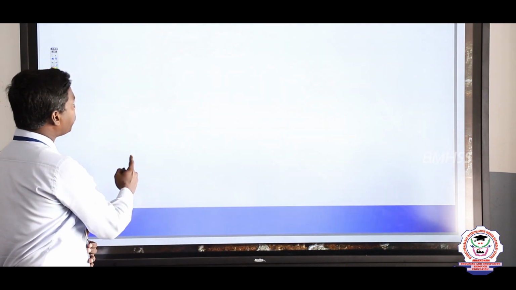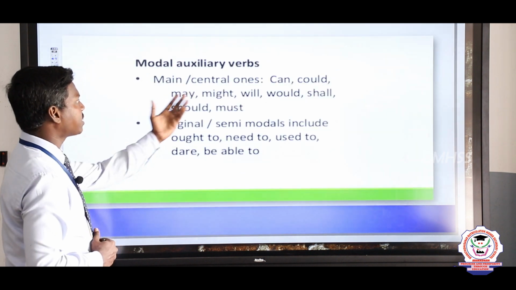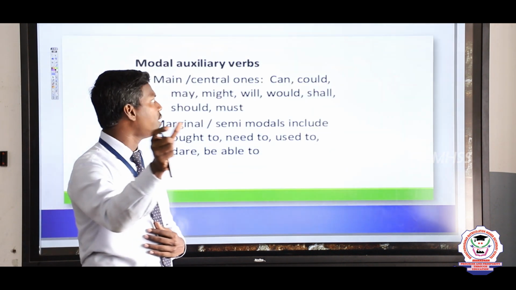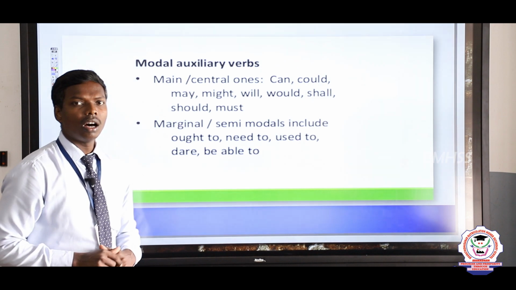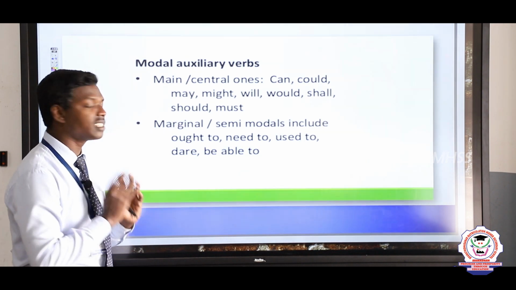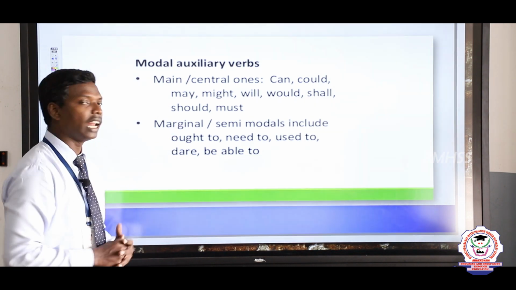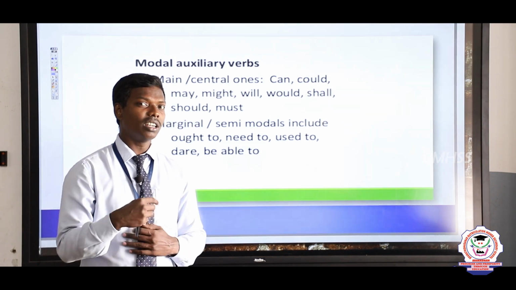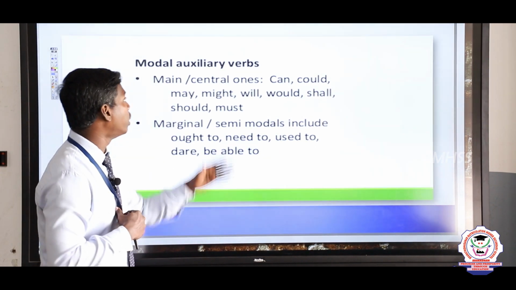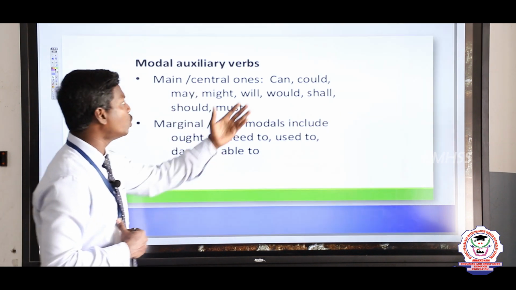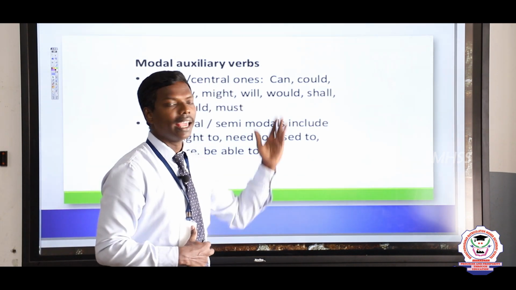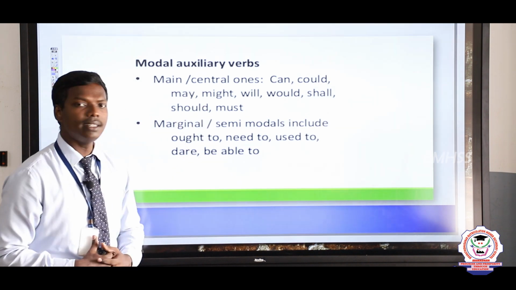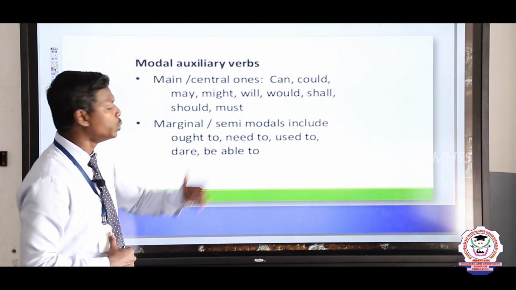So I would like to repeat the same again. The modal auxiliary verbs have the central ones, that is main or full modals, and semi modals, which have another name, marginal or quasi modals, because they do not do the exact function that the main modals do. So the main or central ones are can, could, may, might, will, would, shall, should, must.